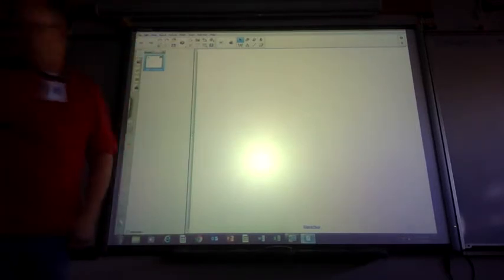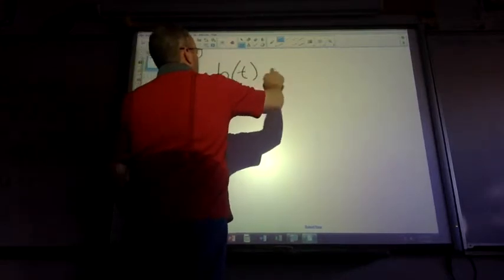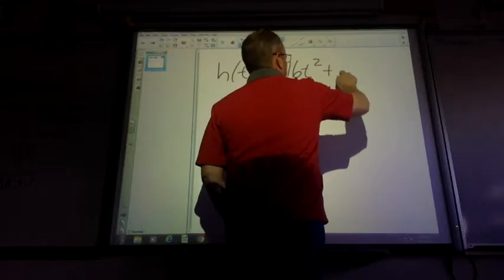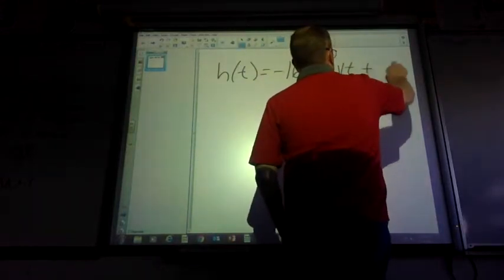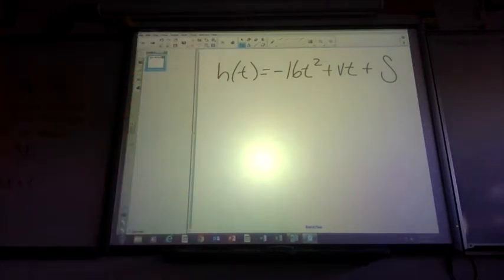All right. Let's talk about this first problem. Here's this equation: H of t is equal to negative 16t squared plus vt plus s, right? I will make sure you have that equation. We can't forget about that. That'll be given to you.